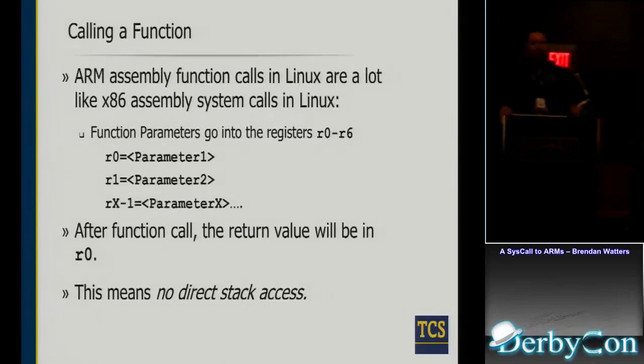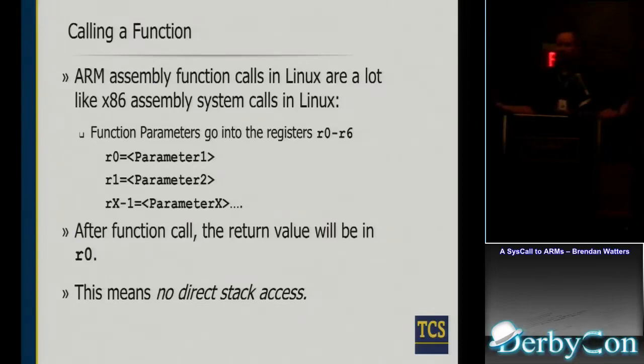So the way that we get parameters in is just like DerbyCon talked about yesterday, and that's by putting them into registers. First parameter goes into R0, second parameter goes into register 1, third parameter goes into register 2, and parameter n goes into register n-1, all the way up to 7.